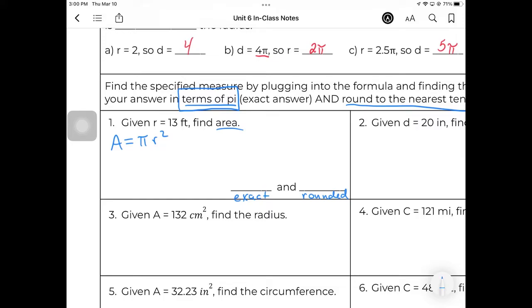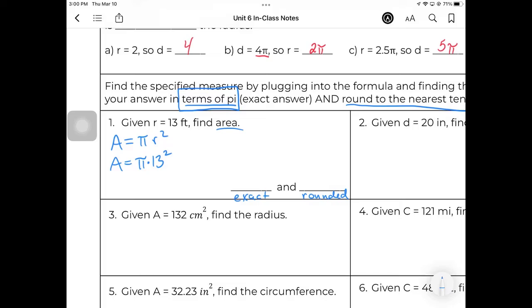I know r is 13. So I come down here and I write this again. A equals pi, but instead of r squared, I write it as 13 squared. And I can put my dot for times if I want. Now, to write our answer in exact form in terms of pi just means to do all the calculations except for multiplying by pi.